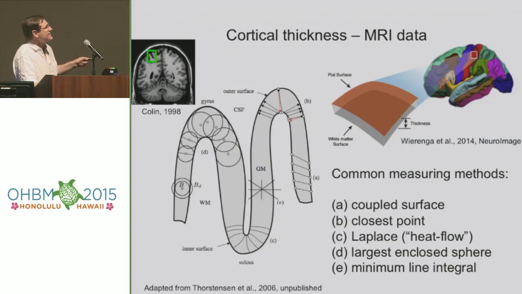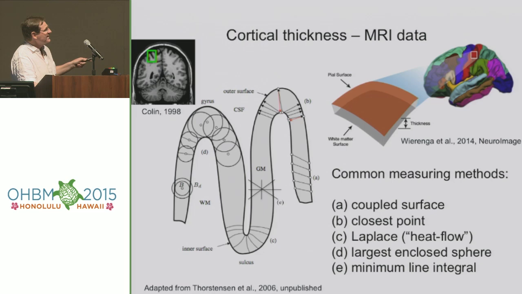The cortical thickness analysis. Now we've extracted the two cortical surfaces I just showed you. There are a variety of different metrics which can allow us to measure the distance between these surfaces, from simple coupled surface linked points on both surfaces. This is what is typically used in CIVET.